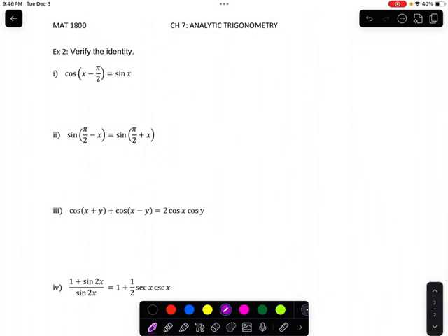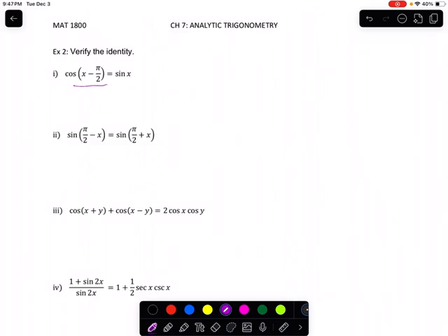So again, it's about verifying, and again, if you recall, these were... I'm forgetting the name of those formulas, anyhow. So see, these are the formulas that were given in chapter 6, I believe, when we were looking at the fundamental identities.